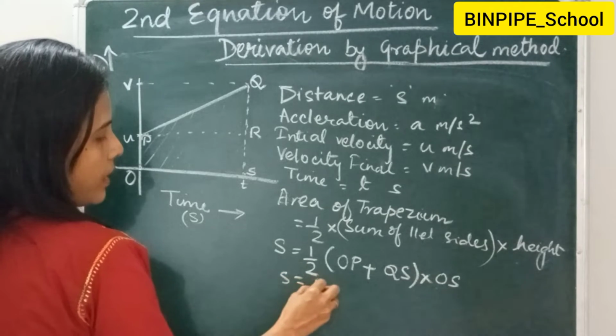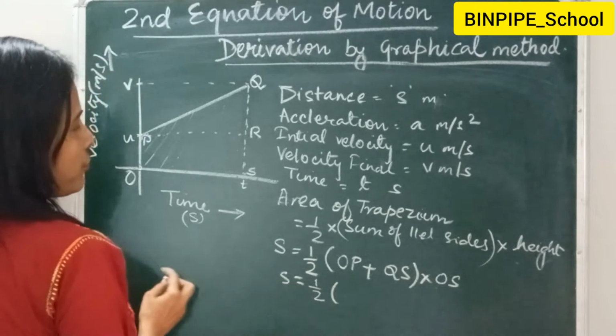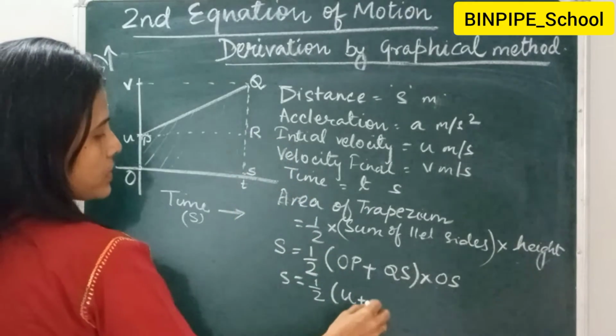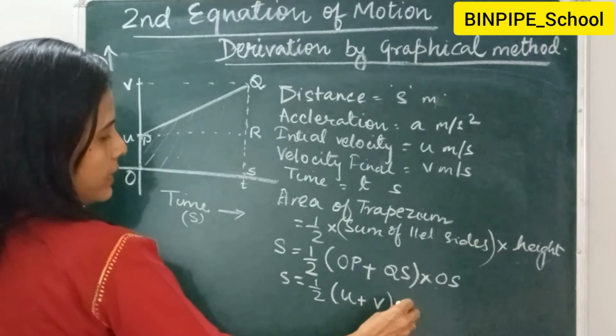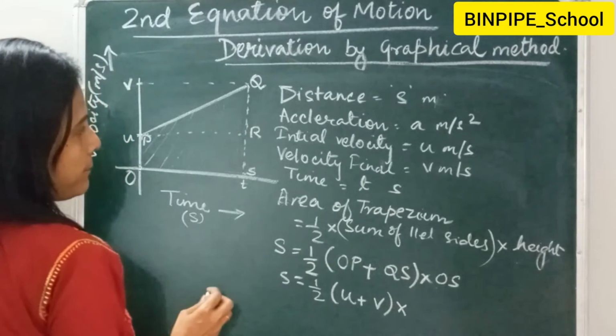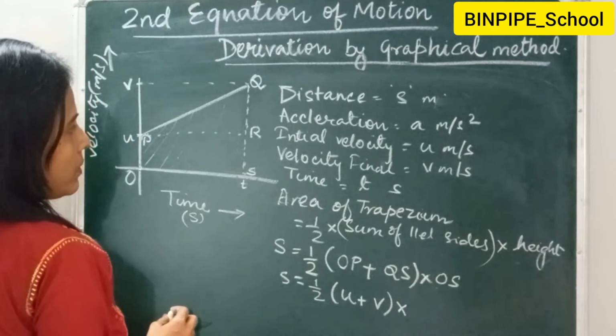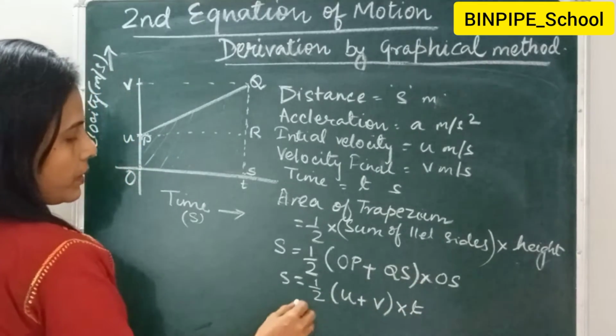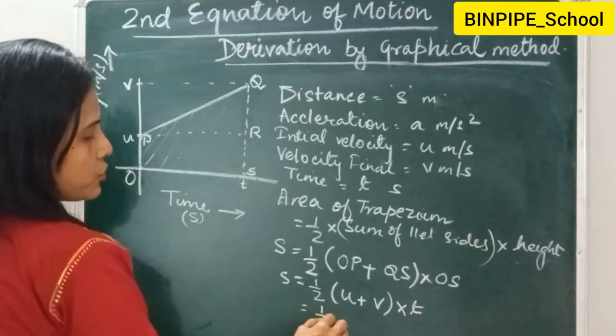So we write half into, instead of OP we can write U plus, instead of QS we can write V, into OS, that is we can write as T.